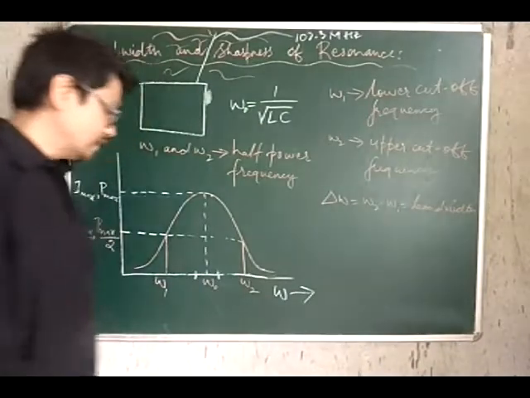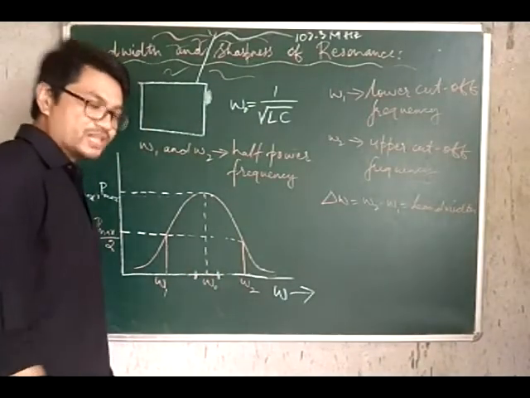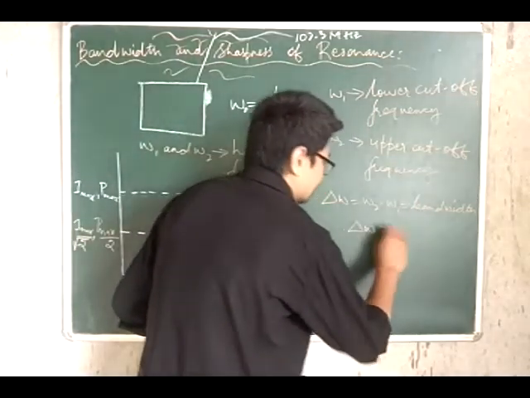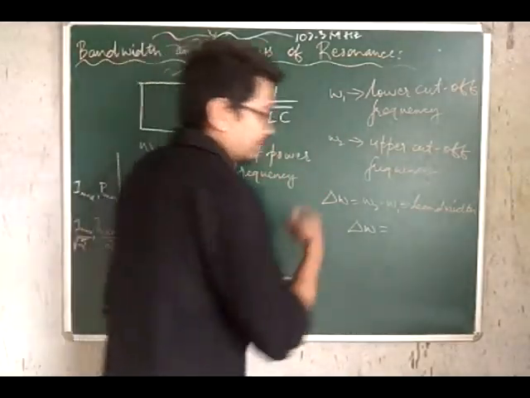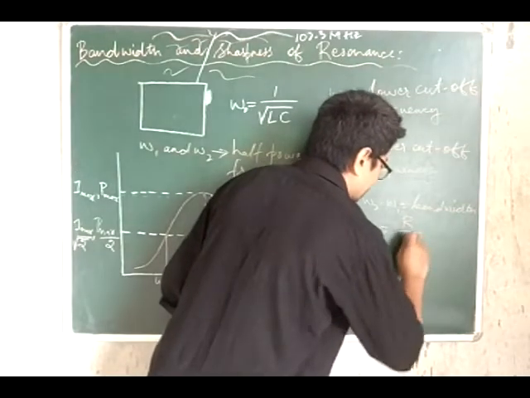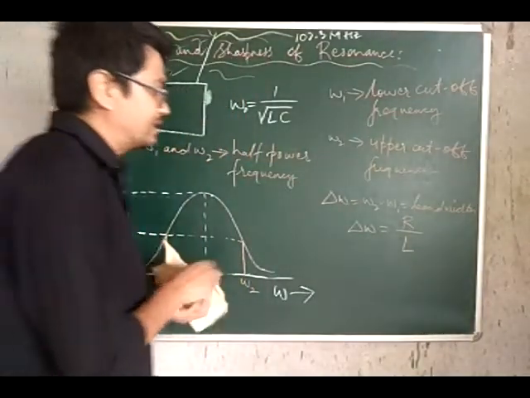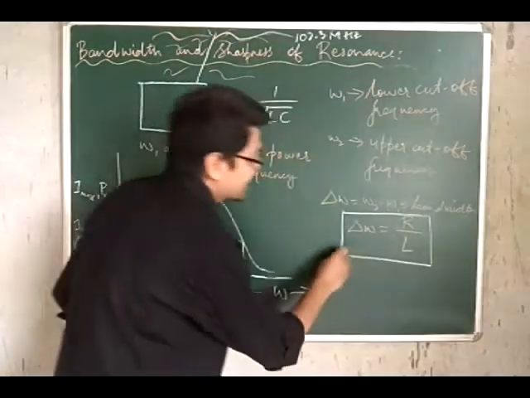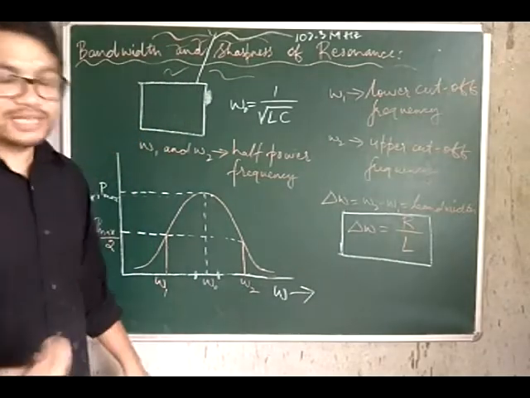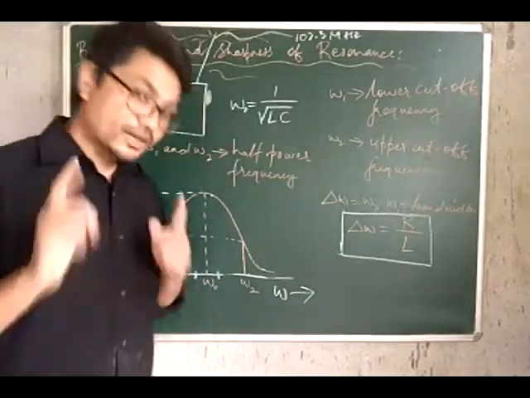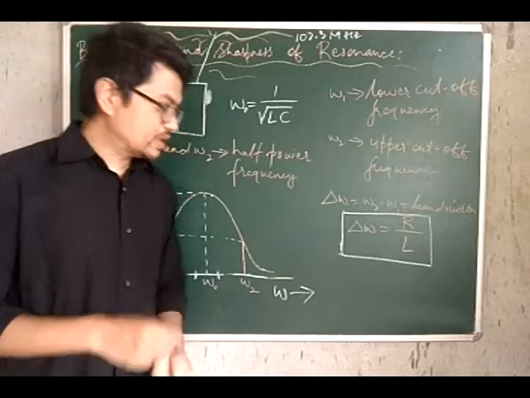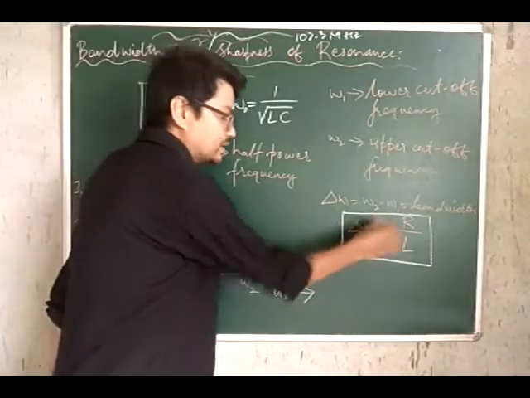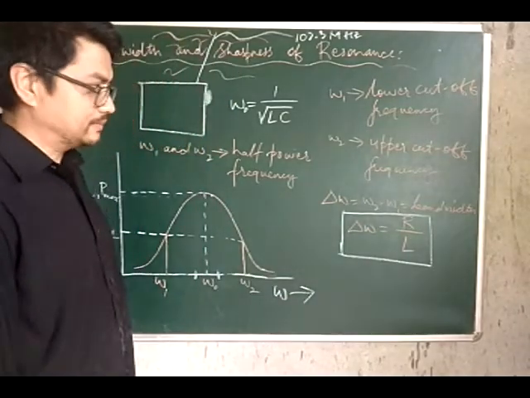The difference between the half power frequencies is what is called bandwidth, and delta omega is equal to the value of resistance in the circuit divided by the value of inductance in the circuit. This thing can actually be calculated, but the calculation is not there in your syllabus. It is there in your textbook though, if you want, you can give it a look. The bandwidth is R by L.